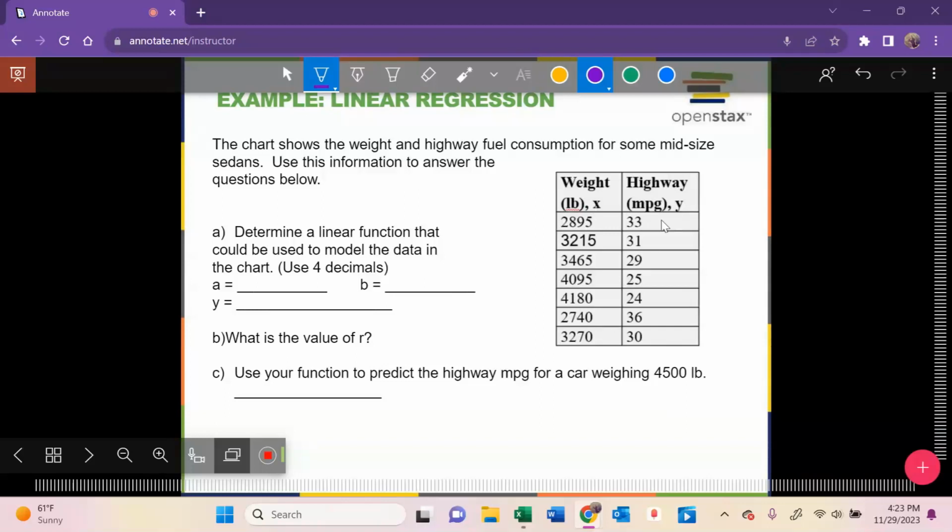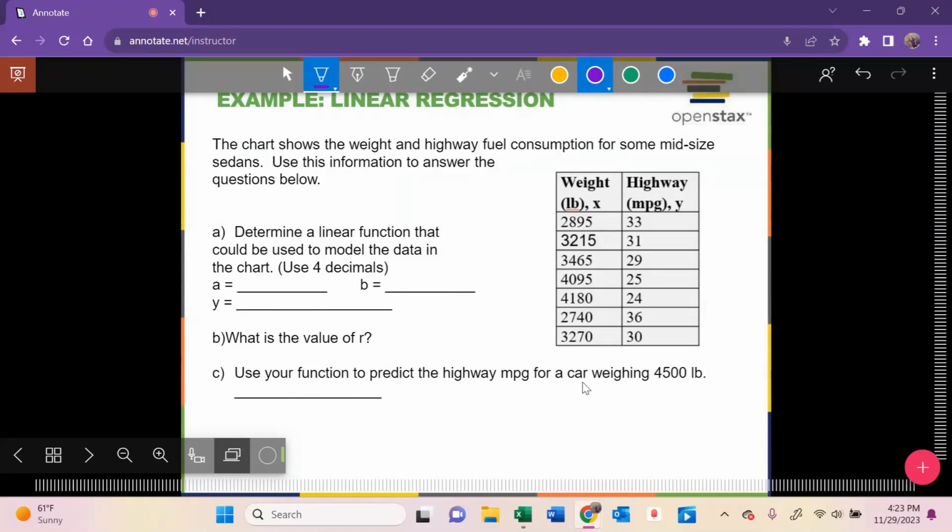We're trying to see if the weight of the vehicle is correlated to the gas mileage. And if it is correlated linearly, we can use linear regression to develop a model, and then use that model to predict how much gas mileage a car should get when it weighs a given amount. So let's walk through this step by step.